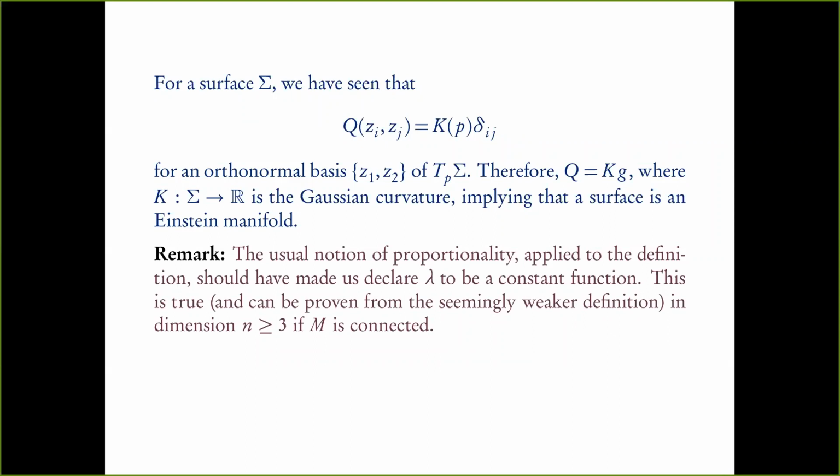Because what I want is a metric G for which Q equals a constant times G, correct? I cannot just choose a random metric G and then claim that Q equals KG, because for a random metric G, the Gaussian curvature is not going to be a constant. So it's not going to be an Einstein manifold according to the stronger definition, where lambda has to be a constant. So what do we do there?